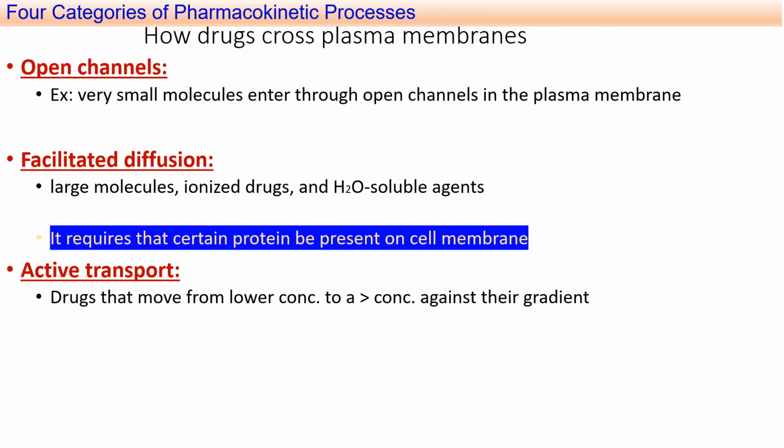The second mechanism for transport is called facilitated diffusion. By this mechanism, large molecules, ionized drugs, and water-soluble agents are able to move across the membrane.